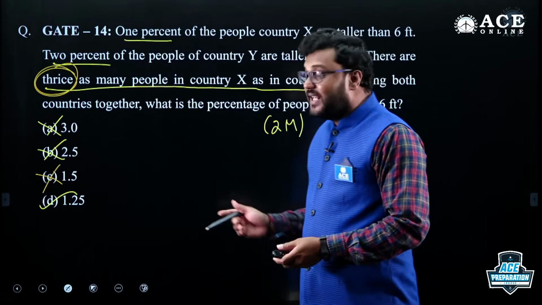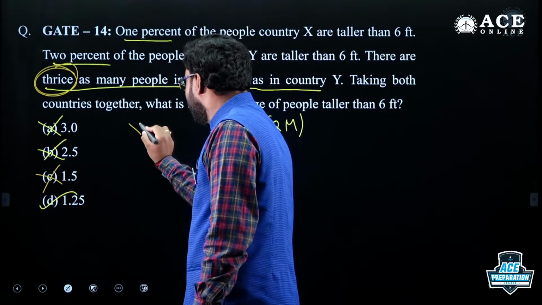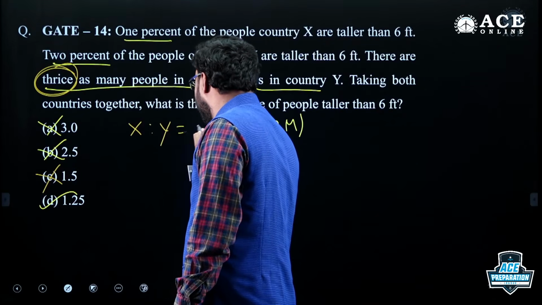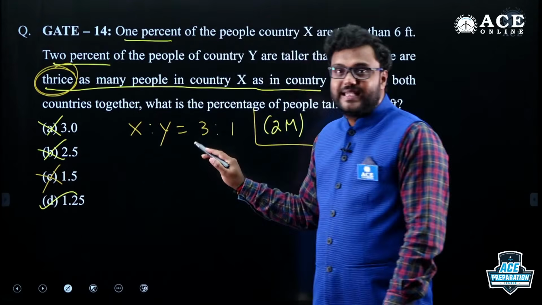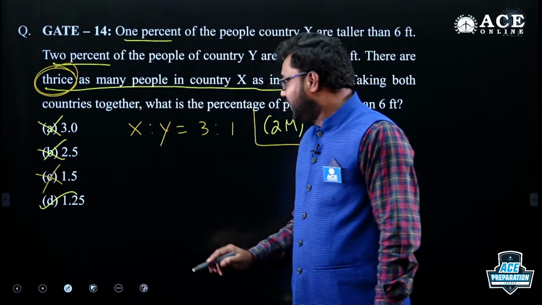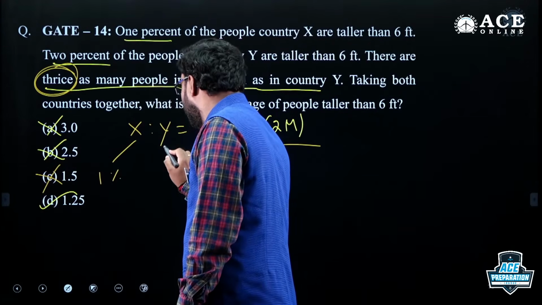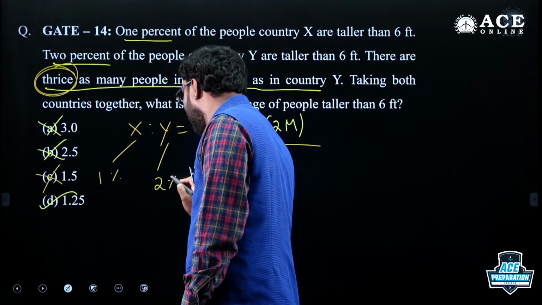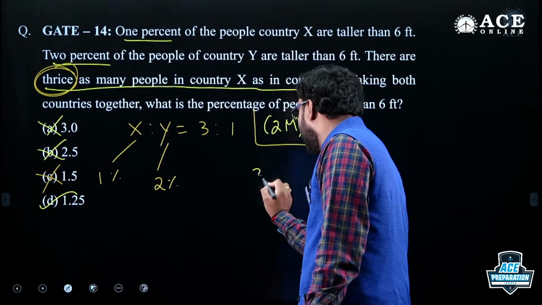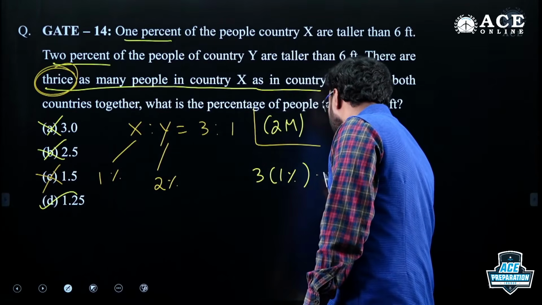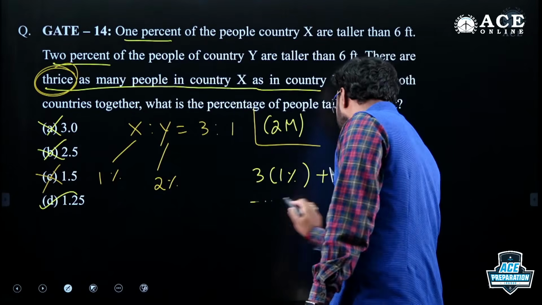And the third method, very simple and a shortcut, my dear friends, uses mixtures and alligations. 3:1. X and Y, X is thrice as Y, so I am writing 3:1. We know in X, 1% of people are taller than 6 feet. In Y, 2% of people are taller than 6 feet. See the result in a single step: 3 into 1% plus 1 into 2% divided by 3 plus 1.